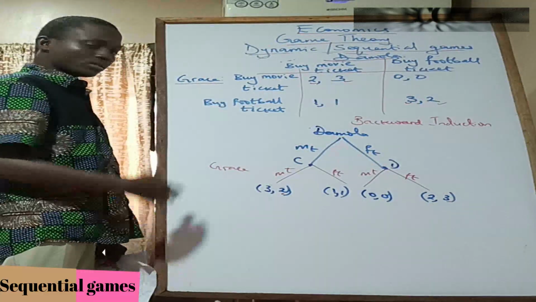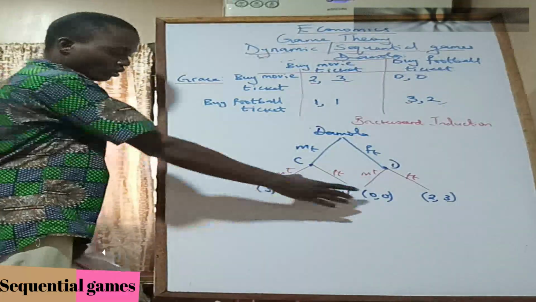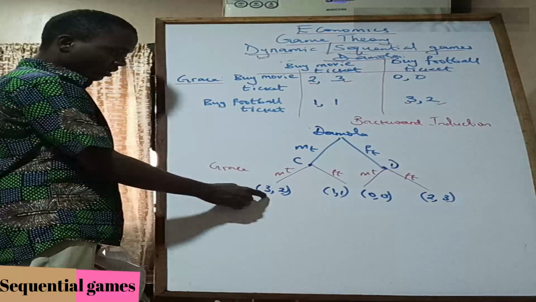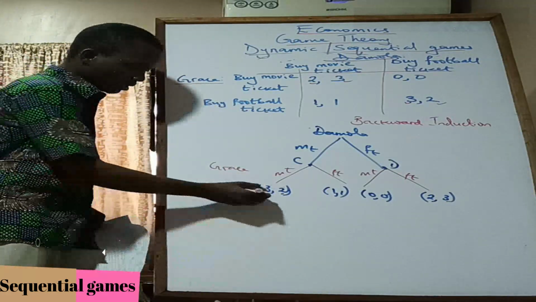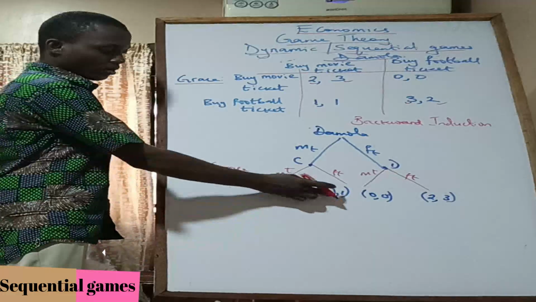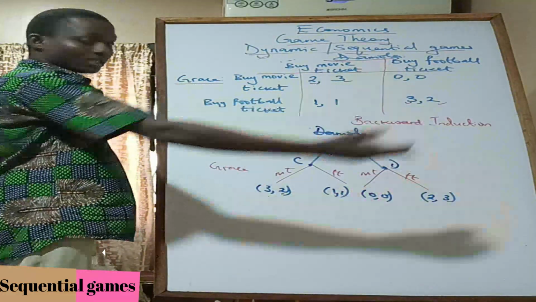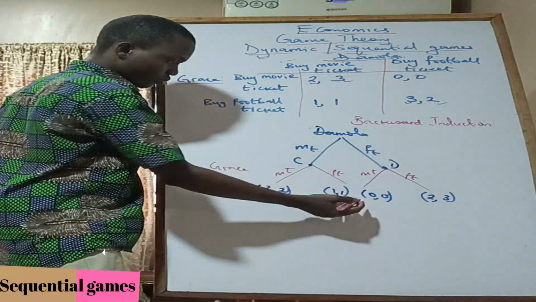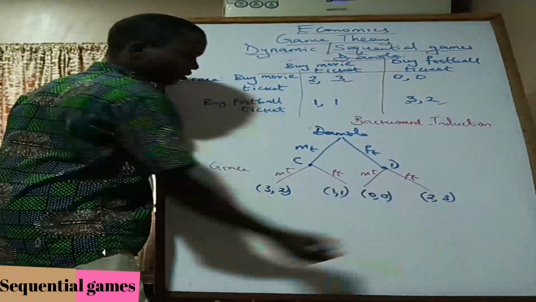Damola is considering buying a movie ticket. If she buys a movie ticket, based on this payoff and based on what Grace has done, she can get either 3 or 1. So temporarily, 3. 3 is better than 1, right? Now, if you are looking at the other part where she decides to buy a football ticket, she has the choice between zero and 2 here, right?